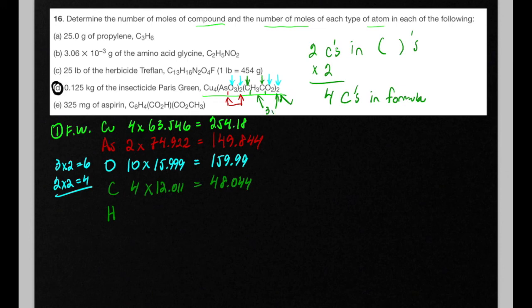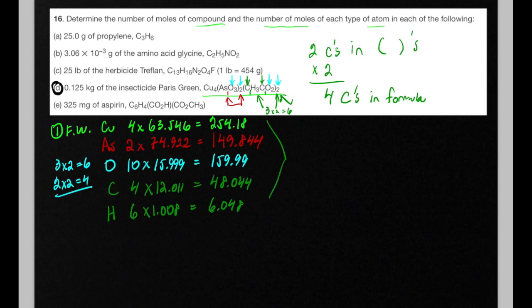The last element that we have to deal with is hydrogen. Now there's a 3 here, and there's a 2 outside the parenthesis. So there are a total of 6 hydrogens in this formula. So that gets you 6.048.